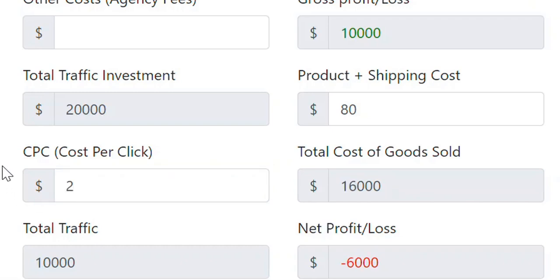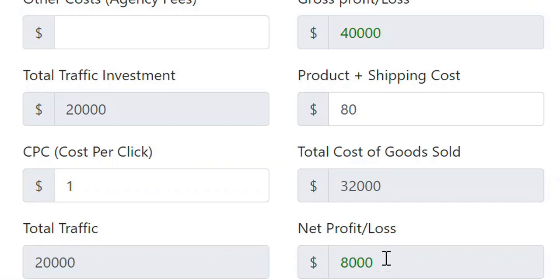You see, we increased it to $2. Now, that has wiped out the entire profit that ABC Limited was having. So if you are spending $2 per click, then you need to find a way to quickly reduce it. But in the case of ABC Limited, they are spending $1 per click, so they are having $8,000 in profit.